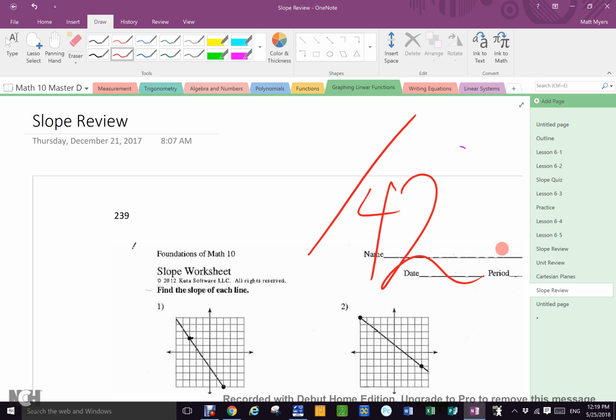Because if you are not working, you must be done. And anything that is not done will be marked with what grade? 0. Got it?